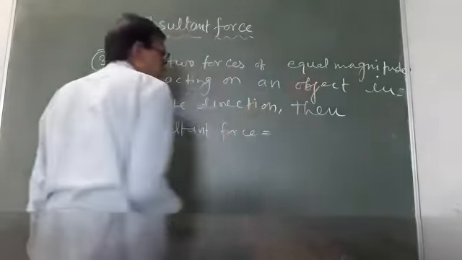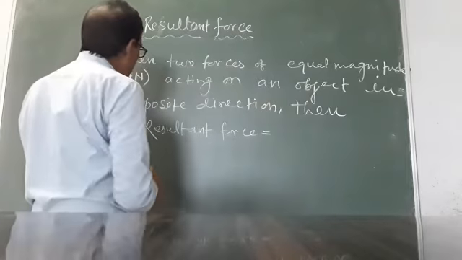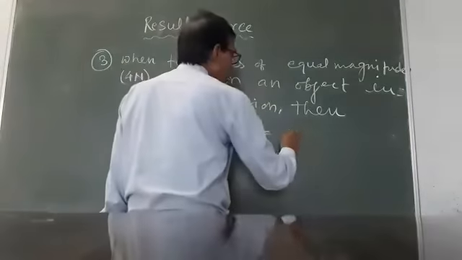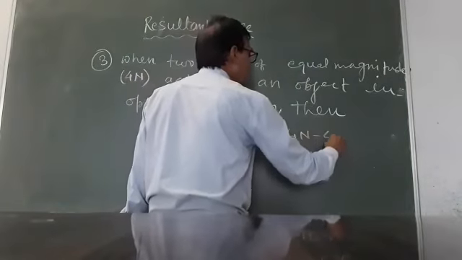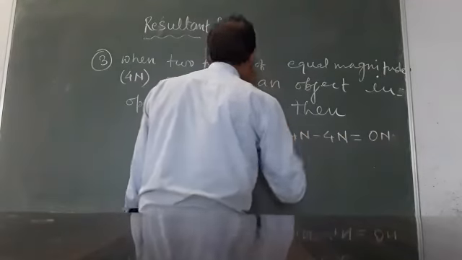We know that when the two forces act in the opposite direction, then the resultant force is the difference of these two forces. So here 4 Newton minus 4 Newton is equal to 0 Newton.